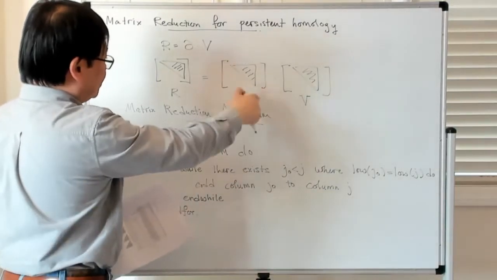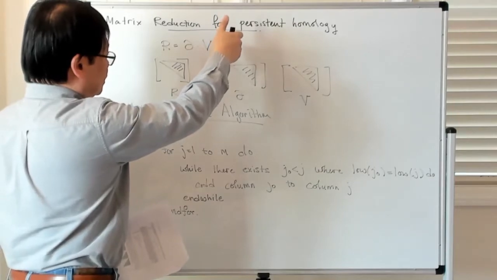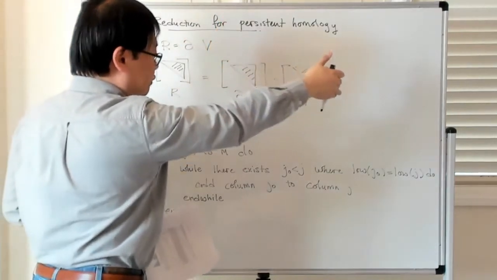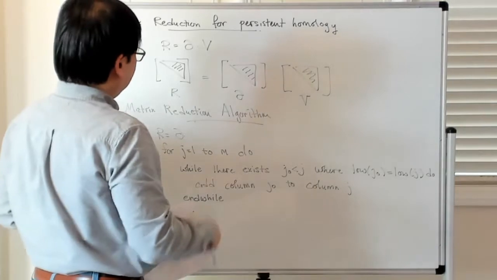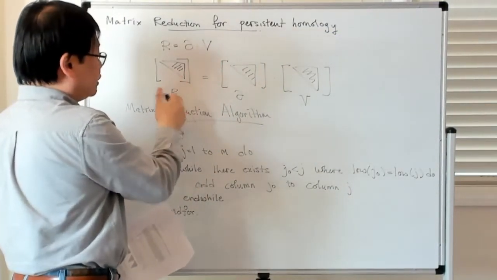is an upper triangular matrix. And then, of course, adding a column to its right is also going to maintain the upper triangular structure. So, R is upper triangular.